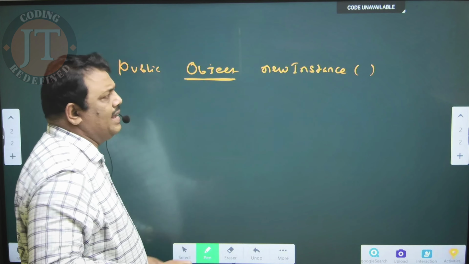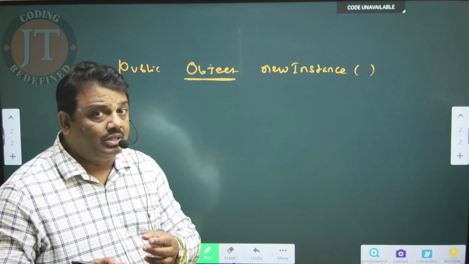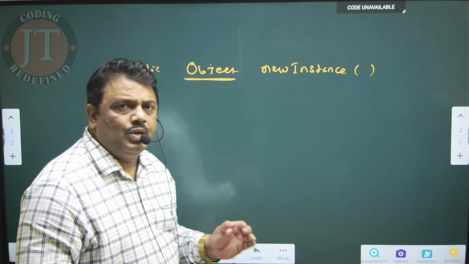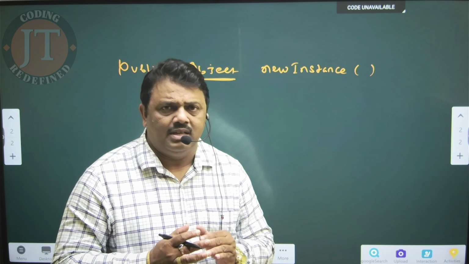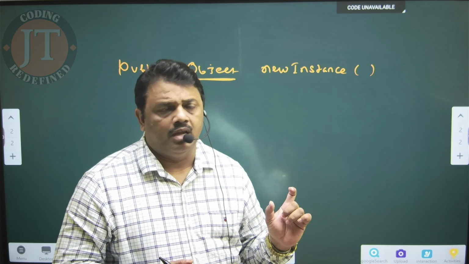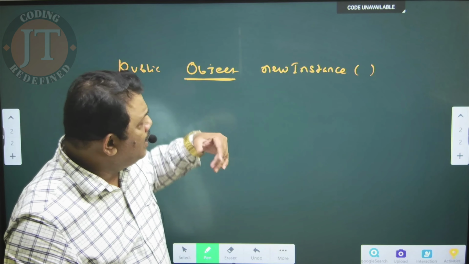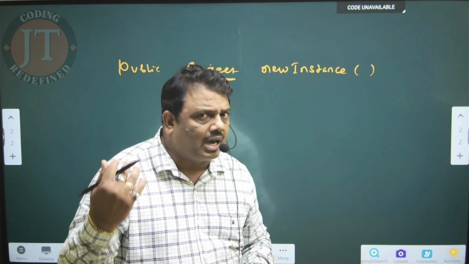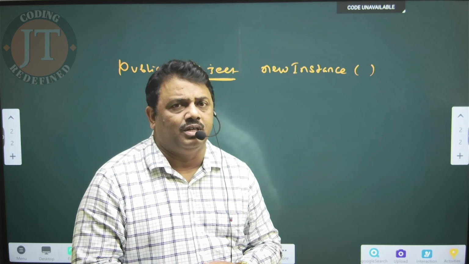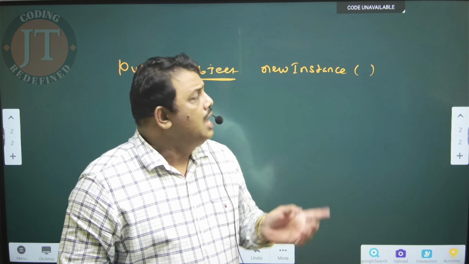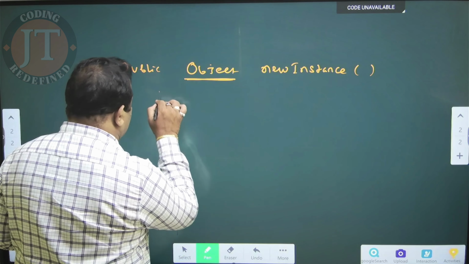It is a reference of which class? Object class. You know that in Java, the base class for every class is the Object class. Now, the newInstance method is able to create the object of the loaded class without using which keyword? The new keyword. But this method throws two types of exception.